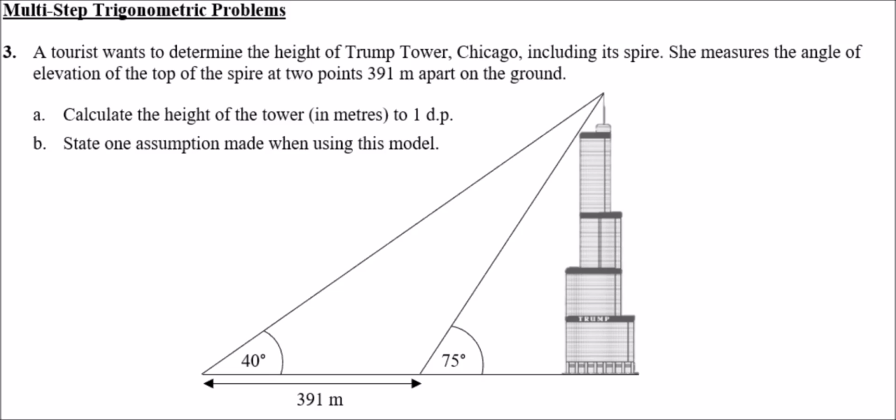So, like I say, this is a multi-step problem. How are we going to tackle it? It's actually, in a sense, a simultaneous equation type problem, because we don't have enough information to solve it in one step. So what we need to do is consider it as 2 separate triangles. So what I'm going to do here is just think about this triangle with a 75-degree angle in it.